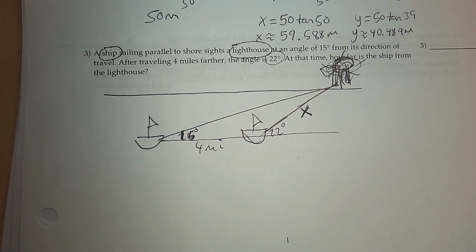What parts can you find right now? What's the only side I know? What angle is opposite of it? So your goal is, how do I get the angle opposite of 4 miles? Think through the triangle.